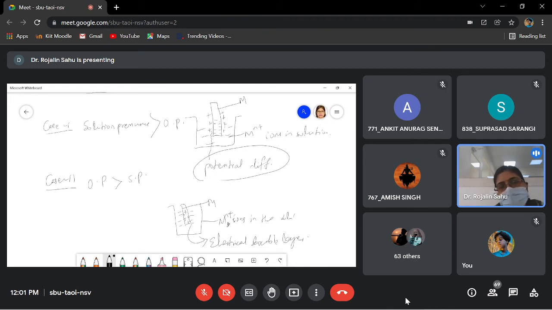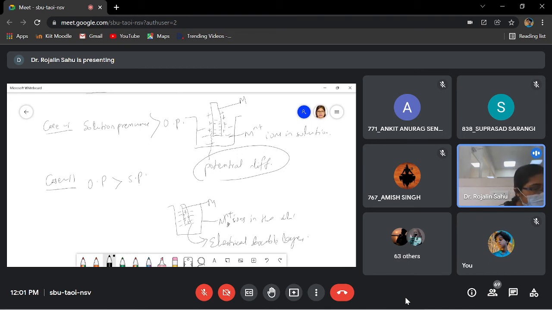If solution pressure is more than the osmotic pressure, then the electrical double layer occurs, and the potential difference at the double layer is called electrode potential. And when osmotic pressure is greater than the solution pressure, then also an electrical double layer occurs, and there it is also called electrode potential.